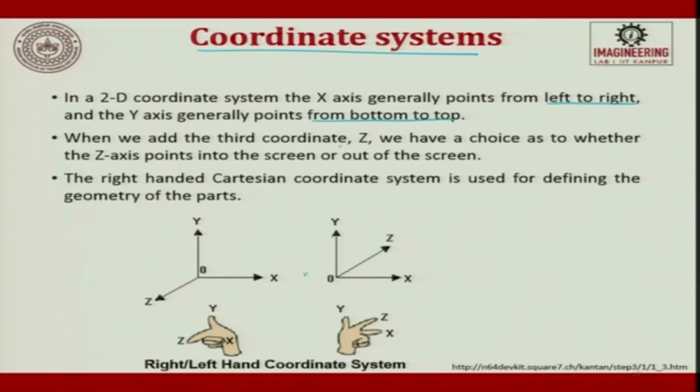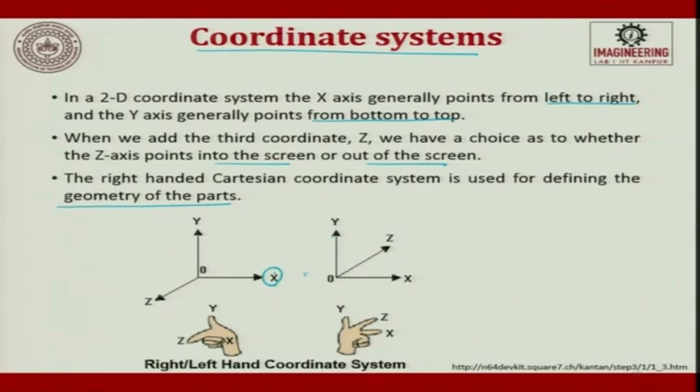When we add the third coordinate z, we have a choice as to whether the z points into the screen or out of the screen. The right hand Cartesian coordinate system is used for defining the geometry of the part. What is the right hand system? Take your right hand and put your x and y.